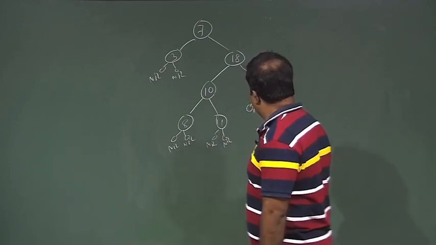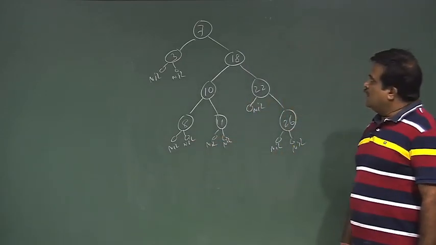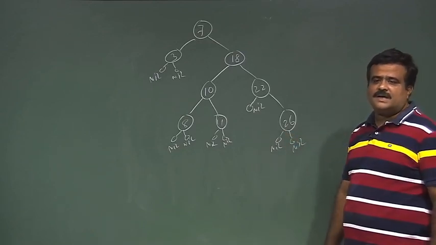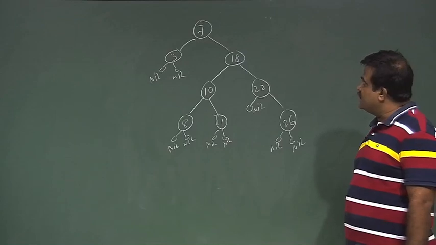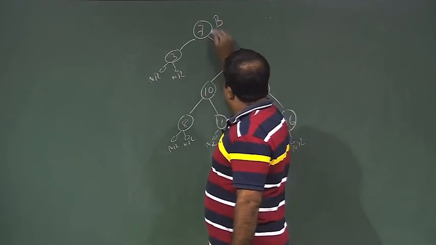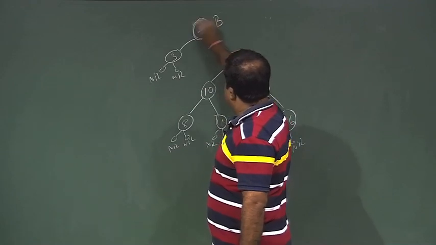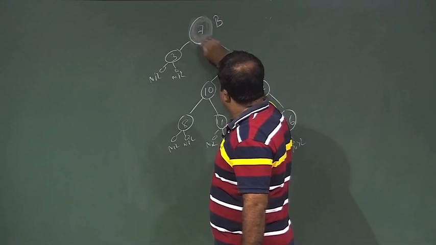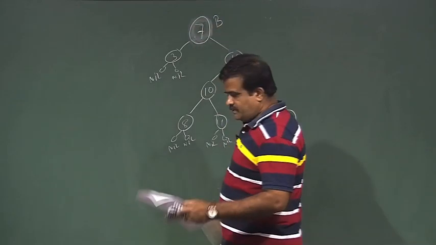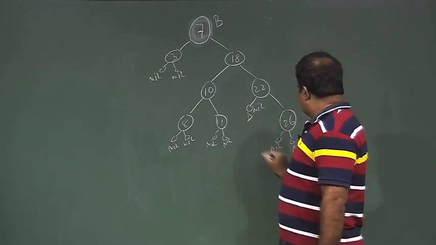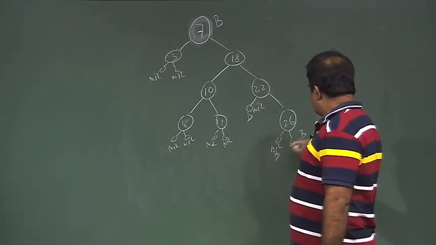So, now we need to give the colors of this tree. We give the root black, because that is one of the properties: the root is black. So, this is 7. The root is black, and these nils are also black. This is one of the properties we have: nils are black.